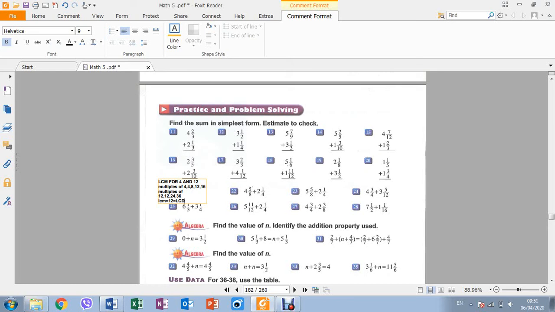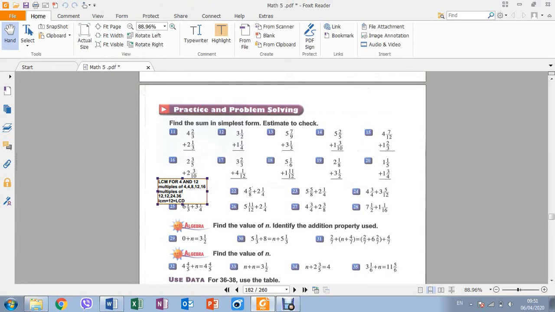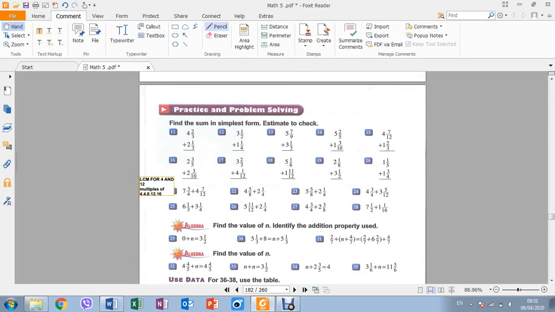Okay, we know our LCM equal to 12. Look in there, our LCM multiples of 4, and our LCM equal to 12. Okay, now we know our LCM equal to 12. We need to change 3/4 to twelfths.